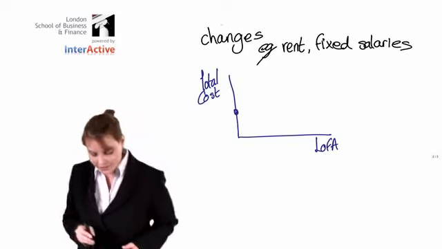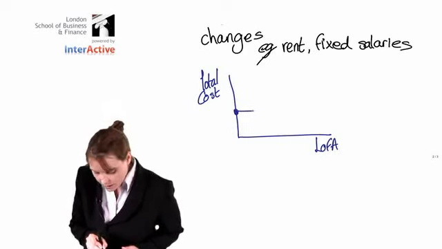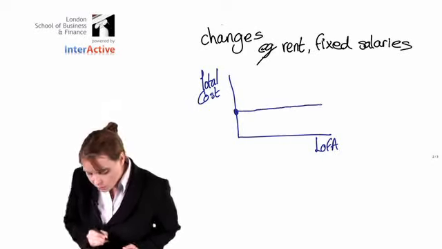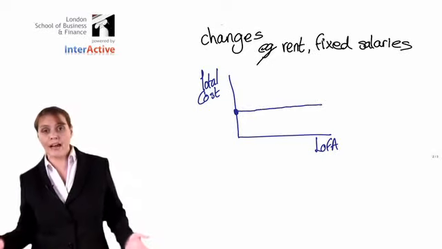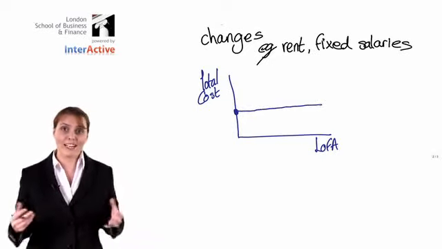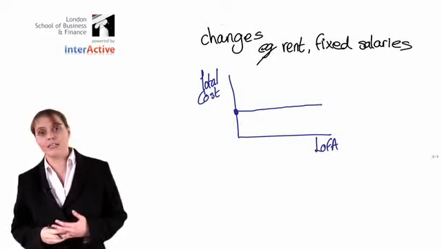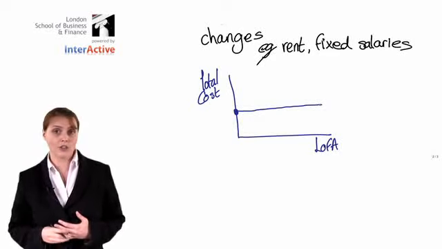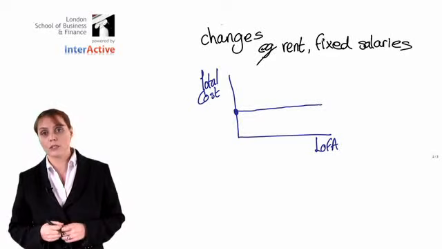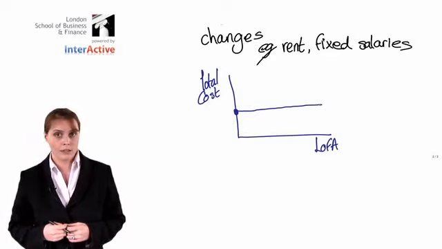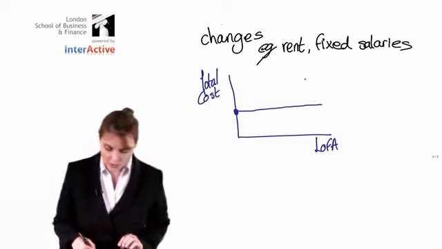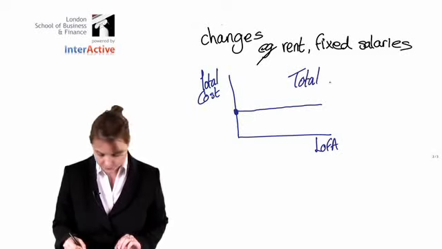As our level of activity increases then, our fixed costs in total will stay at the same level. Because remember, our rent charge or our fixed salaries aren't going to change just because we've increased our production activity. So that's our total fixed cost.